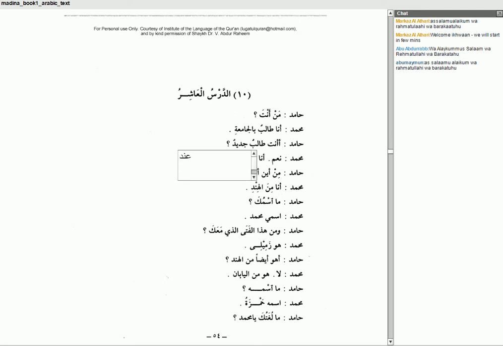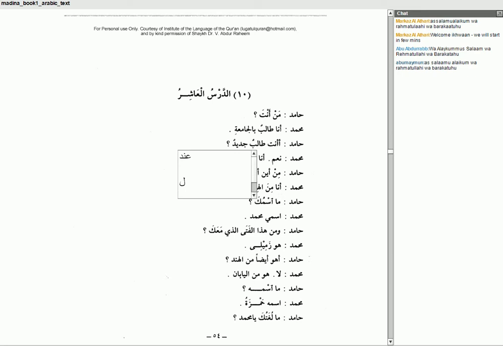This word Enda, I can't actually remember whether we studied it before, but it plays a role similar to that of tahta and fawqa. It means with or besides, or can also mean belonging to, or in possession of. And it has a very similar meaning to li, which we already studied in the previous classes.